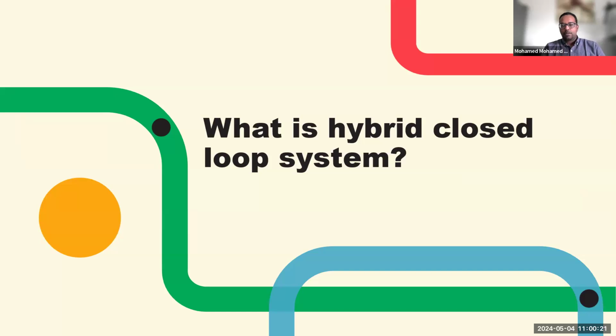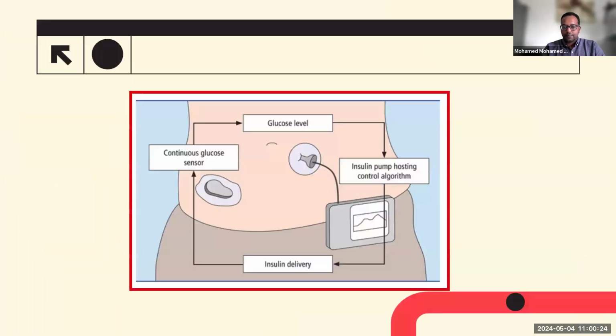So what is hybrid closed loop system? Hybrid closed loop system basically is you have a glucose sensor that takes the blood glucose level, sends that to an algorithm, and the algorithm, by algorithm I mean either the application on the phone or in the T-Slim, the pump itself, the smart part of the control unit inside the pump, and this tells the pump how much insulin it needs to deliver, and then 15 minutes later the cycle repeats itself.